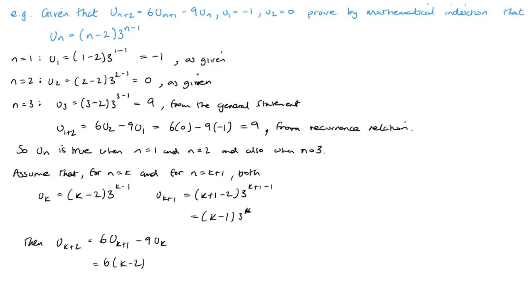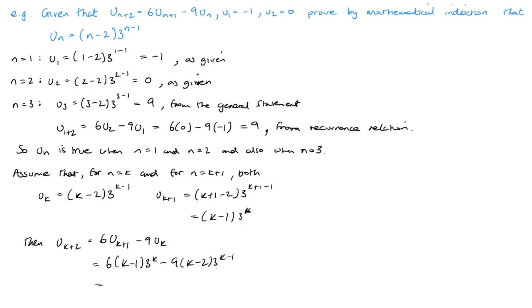Sorry, I've got these the wrong way round. So it's 6 times k minus 1, 3 to the k, minus 9, k minus 2, 3 to the k minus 1. Almost a big mistake then.